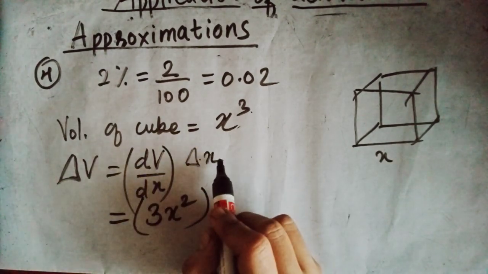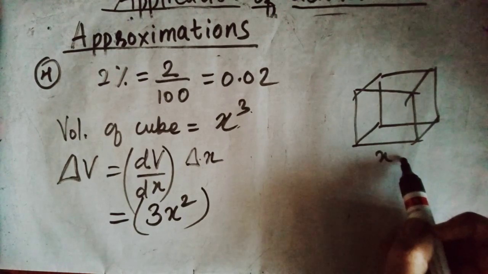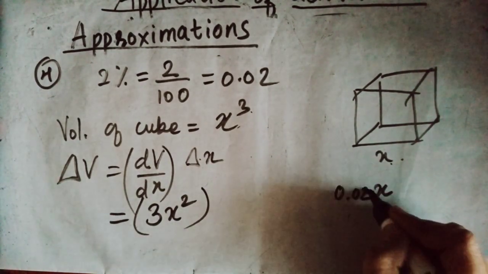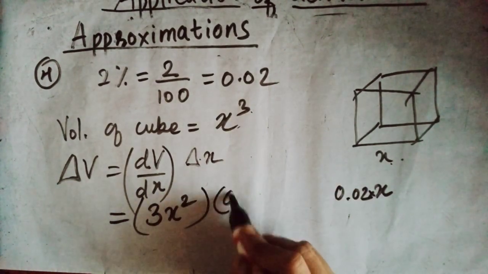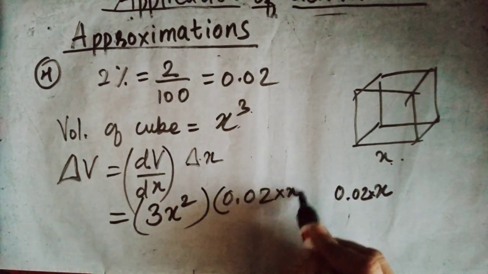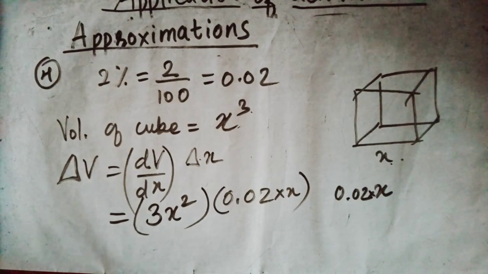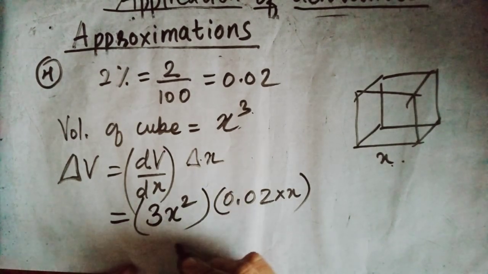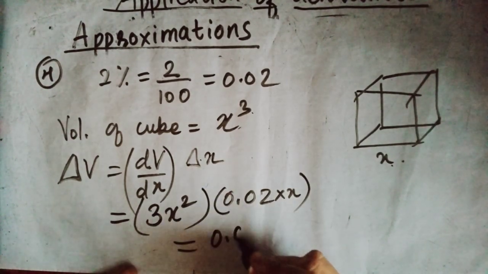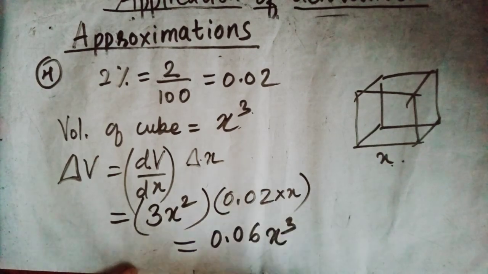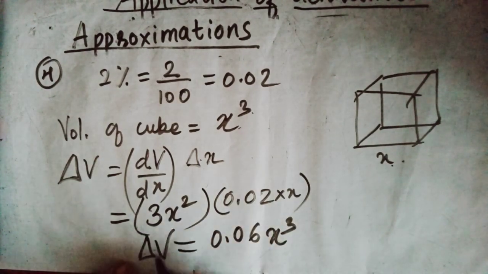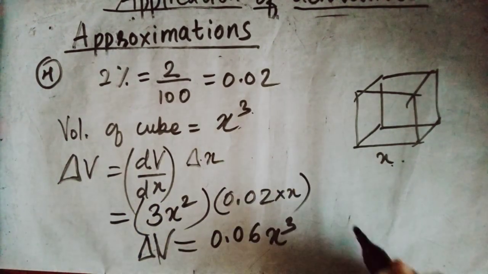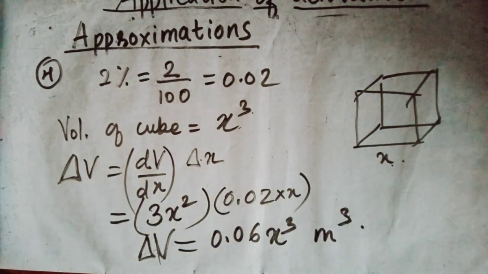And change in the side, side is your x and change is 0.02. This much it is changing every time, so this will be 0.02 into x. So this will be 0.06 x cube. So this is the approximate change in volume. So this is meter cube. This is the answer.